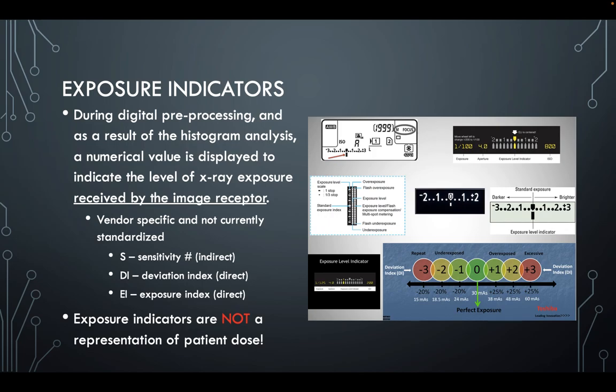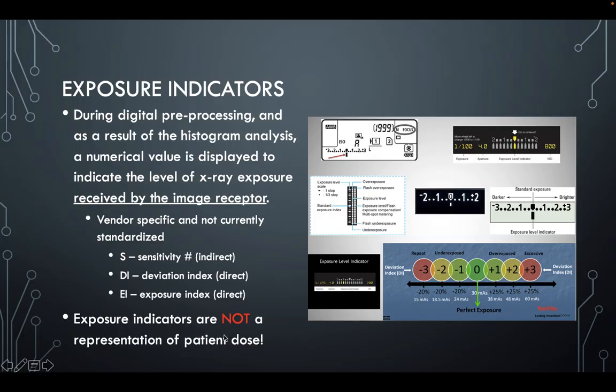That's kind of how they work. They're comparing to the histogram, and the histogram to the lookup table, to identify: was this underexposed? Did I not receive enough information, or the information that I was expecting, or did I receive too much?